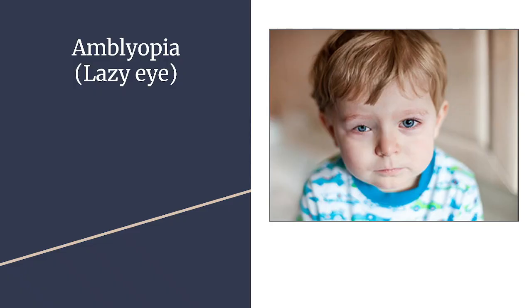The brain actually ignores the images from the weak eye and uses only those from the stronger eye, which leads to poor vision. It may be caused by strabismus also, in which the eyes look at two different points in space at the same time, sending two different images to the brain. We will read about strabismus soon.